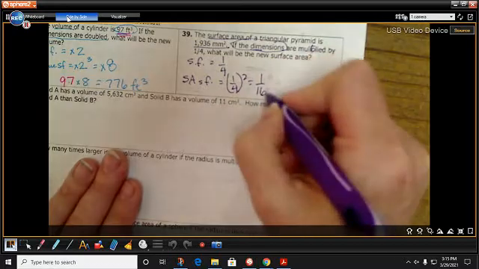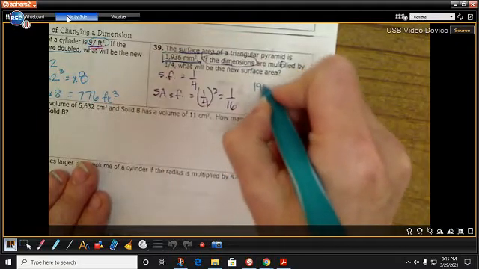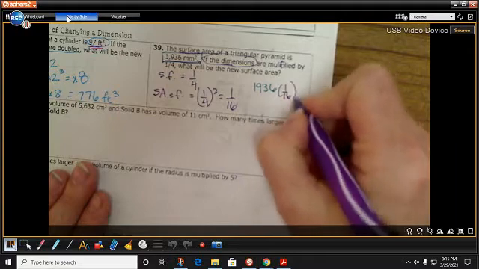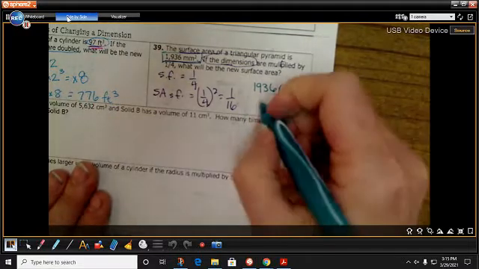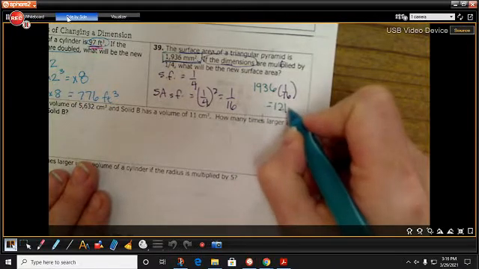So my scale factor for surface area is 1/16. So I'm going to take my original surface area, 1936, and multiply it by 1/16 to get my new surface area. And that new surface area is going to be 121, and it'll be millimeters squared.